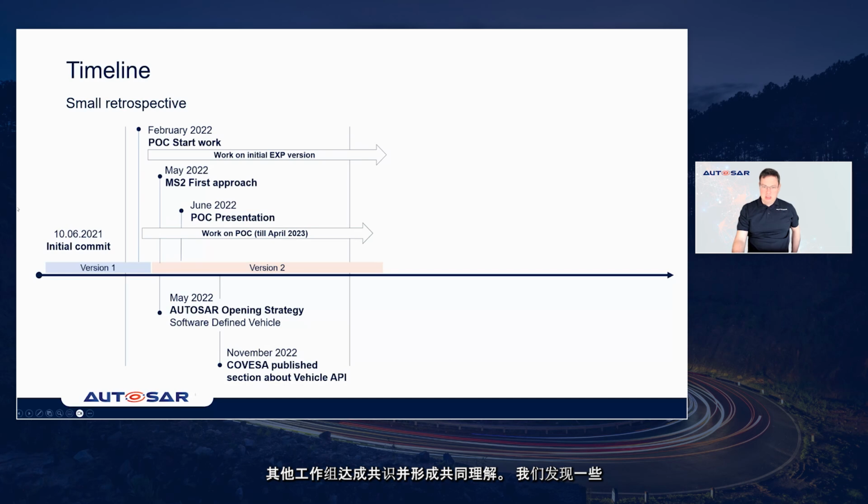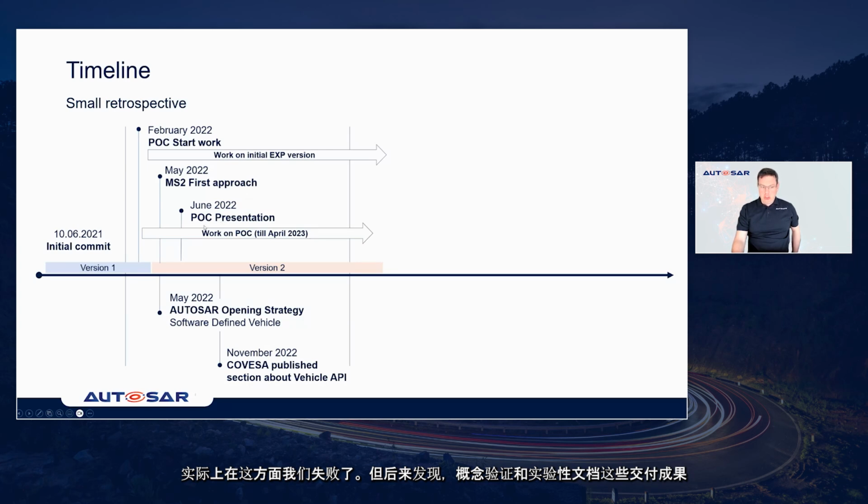We discovered that some of our initial assumptions were wrong, and we shaped it into version 2 of the concept. Approaching the MS2 concept phase, we still struggled with declaring the precise scope of the concept, and we actually failed in it.